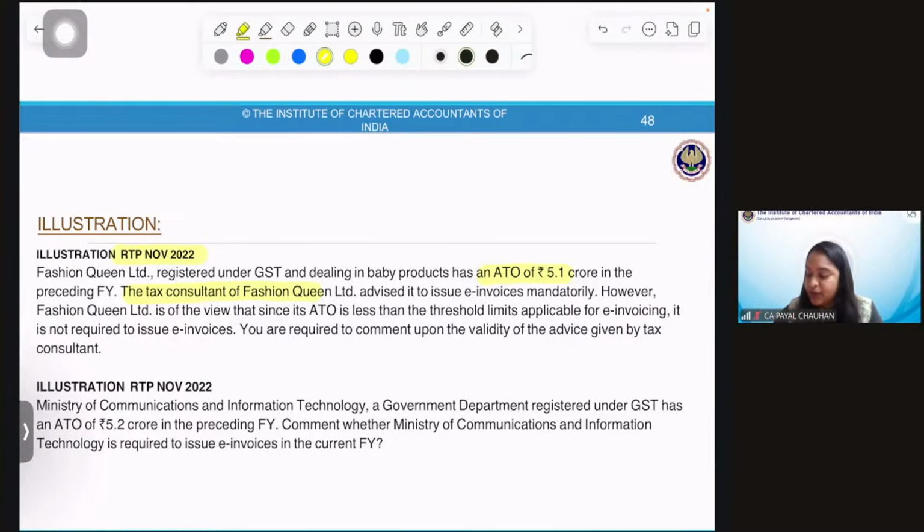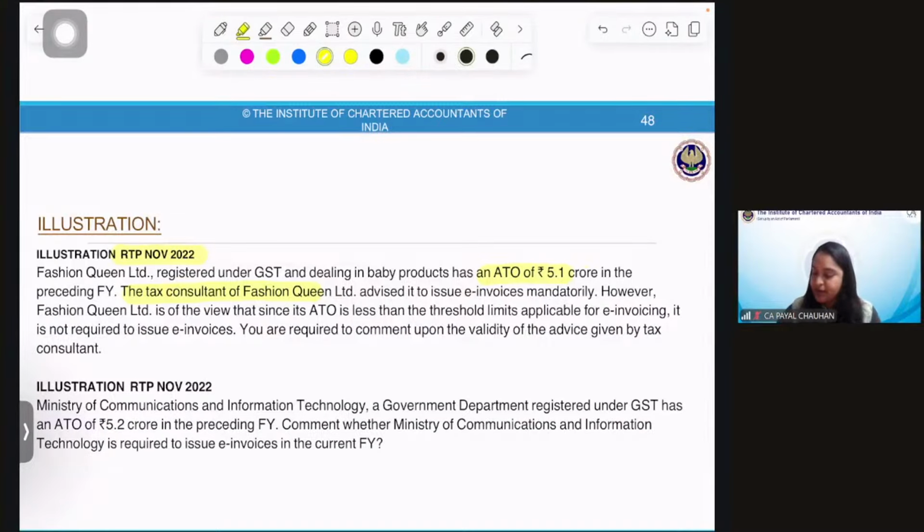However, Fashion Queen Limited is of the view that since ATO is less than the threshold limit applicable for e-invoice, it's not required to issue e-invoice. Tell me, is the contention right or wrong? It's wrong. Since the threshold limit exceeds 5 crore, you need to issue an e-invoice, right?